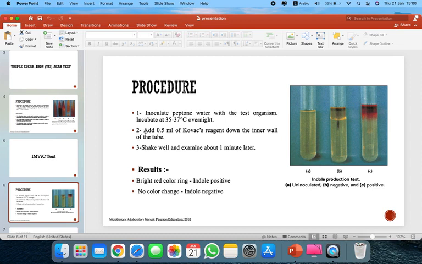Then I add 0.5 of Kovac reagent directly, shake it, and examine it after 1 minute. The result is simple. If there is a bright red color, the test is positive. If there is no color change, it's negative.